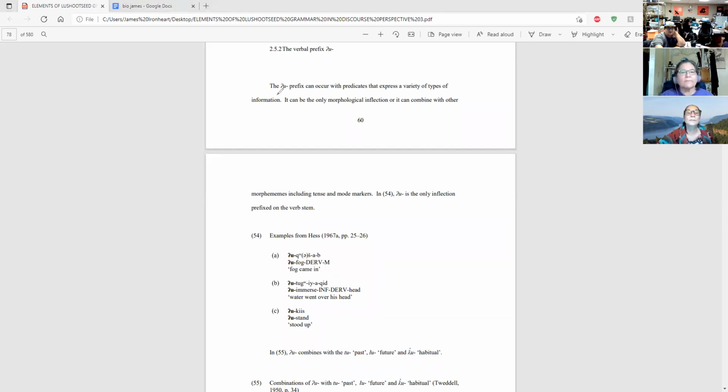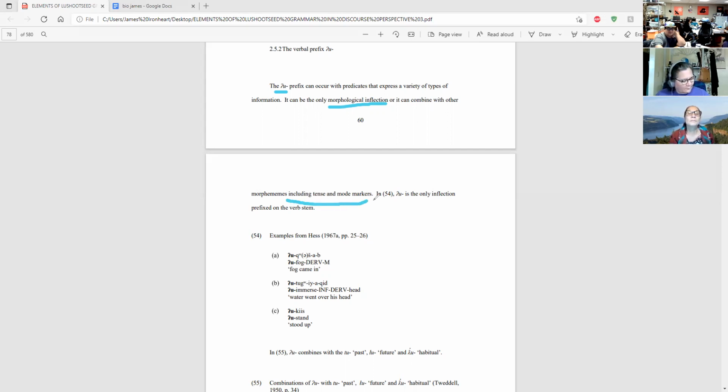Right here is the O prefix. It occurs with various types of information. What this is saying, the morphological inflections can be combined with other morphemes to include tense markers and mode markers.